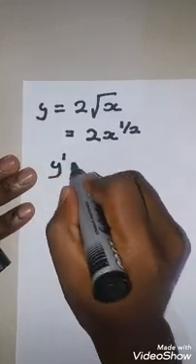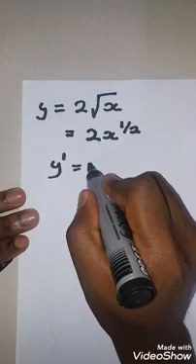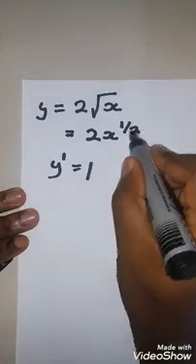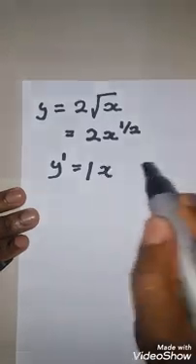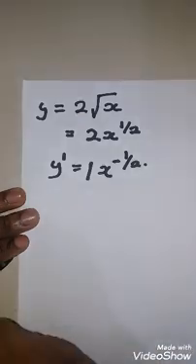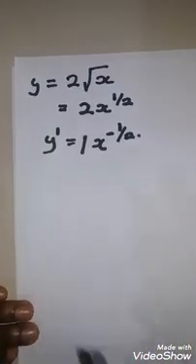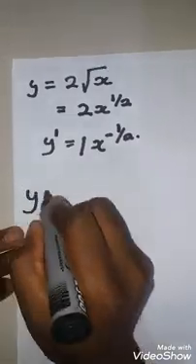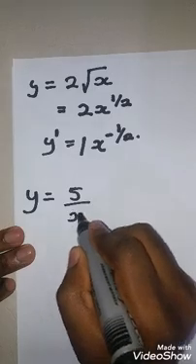So differentiating it will be half times 2, which is 1, x, then half minus 1, which is negative half. So the differential of 2 root x is x raised to the power negative half.